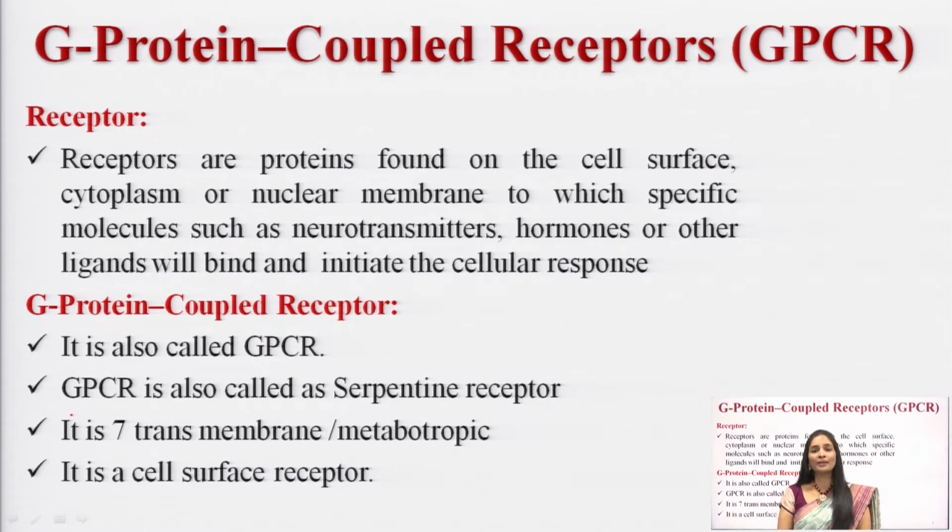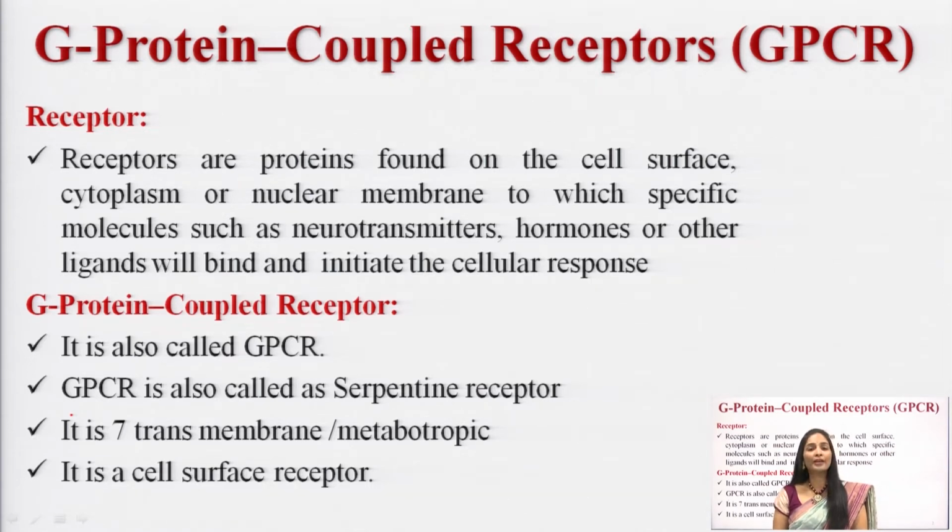A receptor is a protein, a macromolecule which is present on the cell surface and inside the cell as well. Once the chemical molecule binds to its receptor, it shows its action by the binding of the drug; the receptor itself does not have any action.